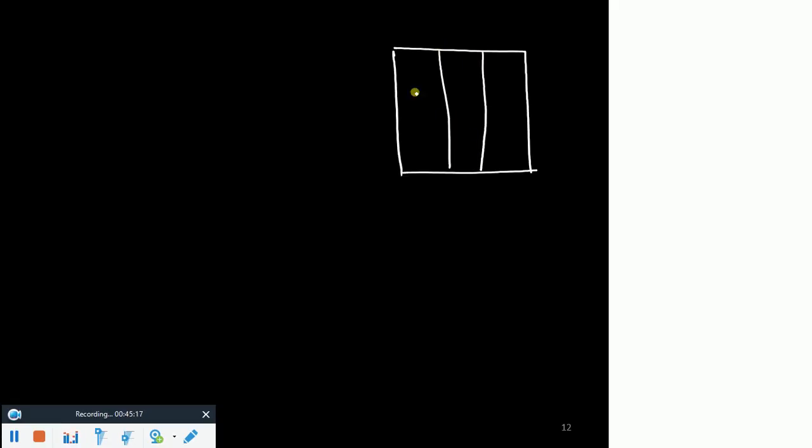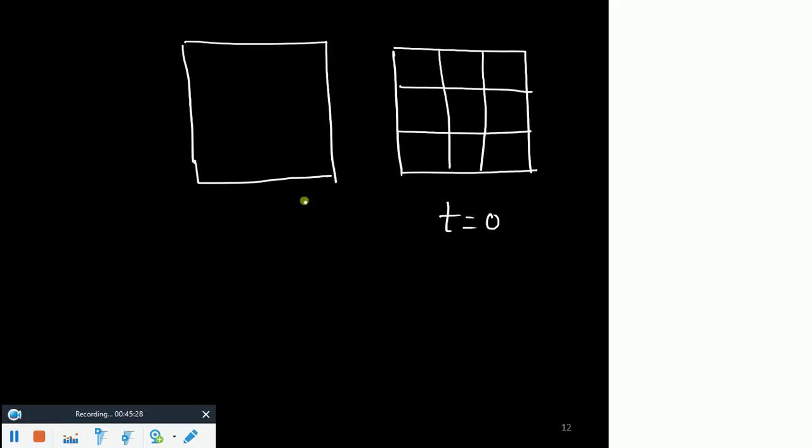Now you see that instead of a one-dimensional rod, you now have a two-dimensional plate. So this may be the picture at time equals 0, and this may be the picture at time equals n delta t.